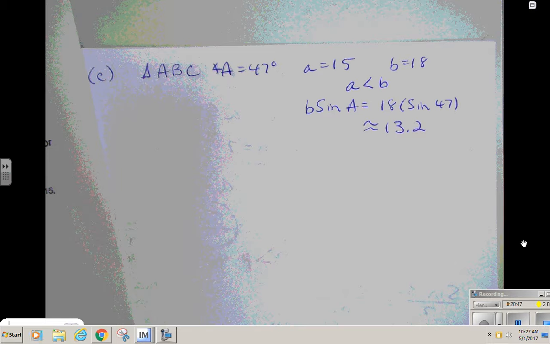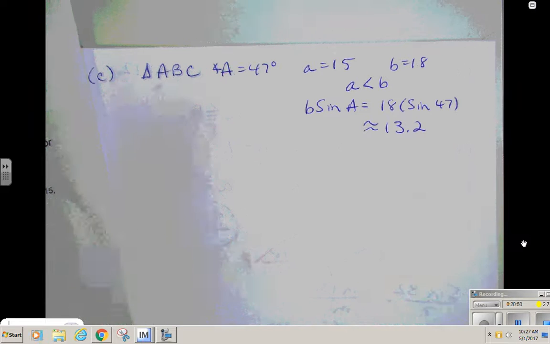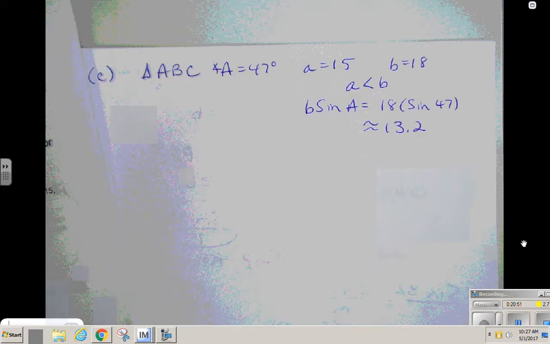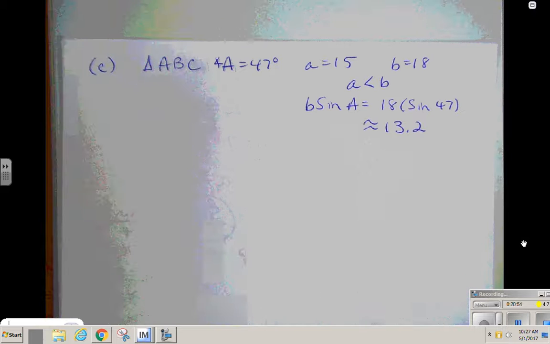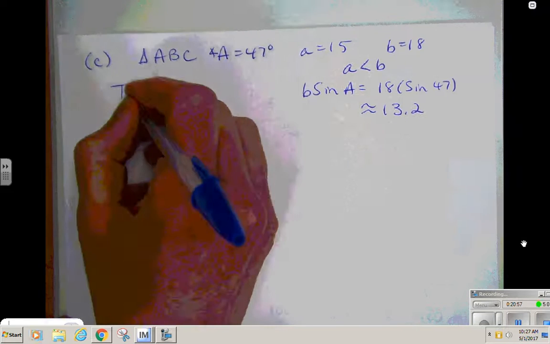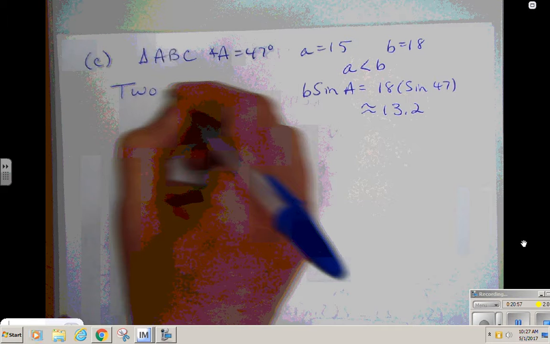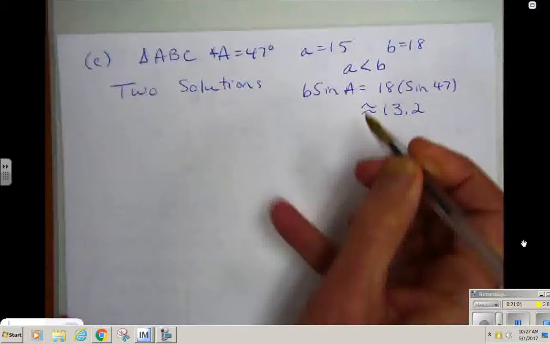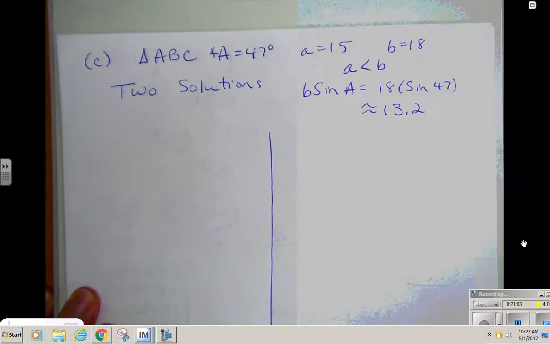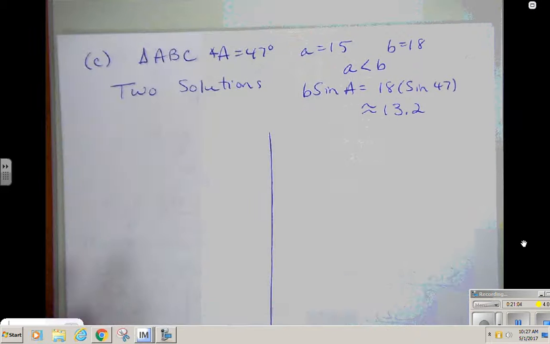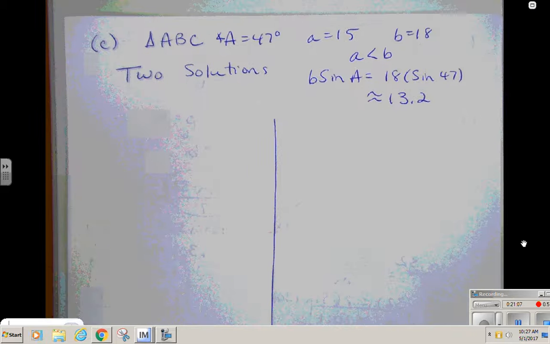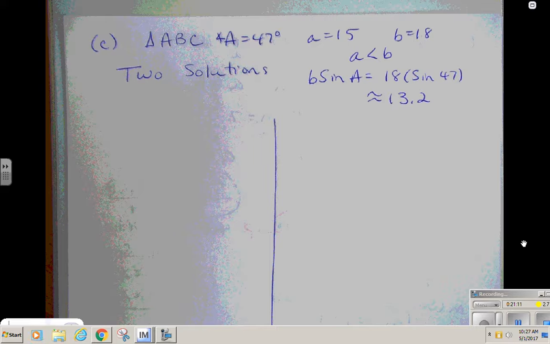So it is, A is bigger than B times sine A. So we are going to have two solutions. There's two possibilities. So what I'm going to do is divide the paper, and I'm going to have answers for one solution on the left side, one possibility on the right side.